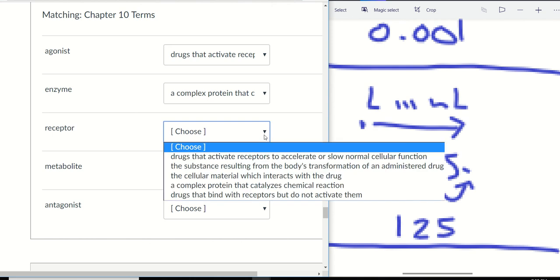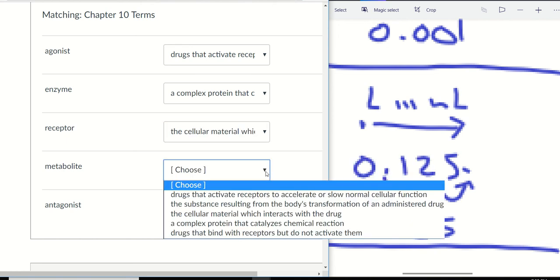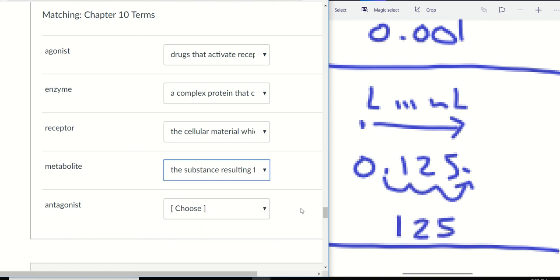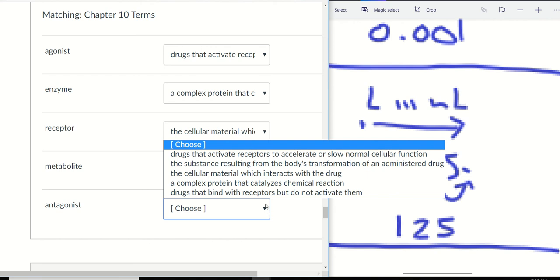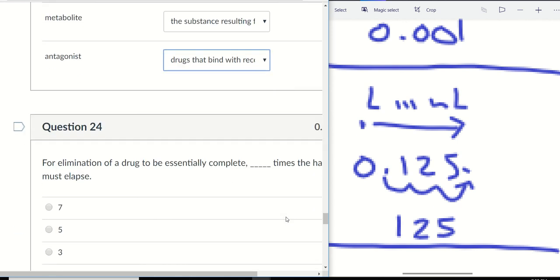Receptor. So the cellular material, yep, that interacts. Metabolite. The substance resulting, yep, the breakdown product. And lastly, an antagonist is: do not activate receptors. Very good. Agonists activate, antagonists do not activate.